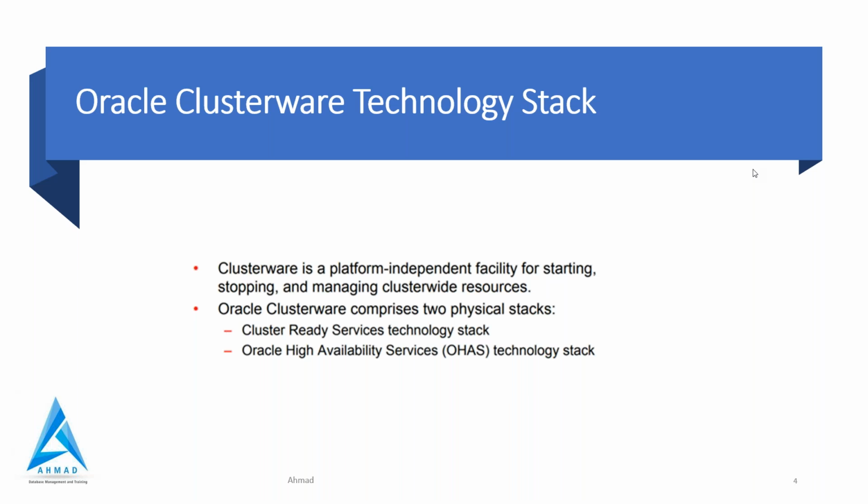The second thing: the OHAS stack is responsible for monitoring and maintaining the high availability of Oracle ASM and Oracle Clusterware. Clear? So these are the work of the two stacks. CRS and OHAS, clear, or any doubt?